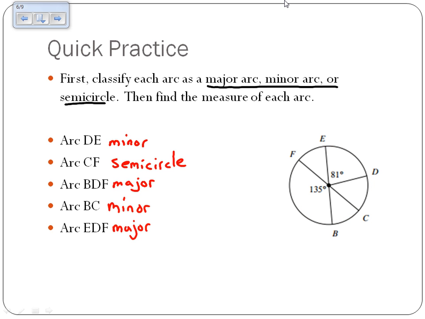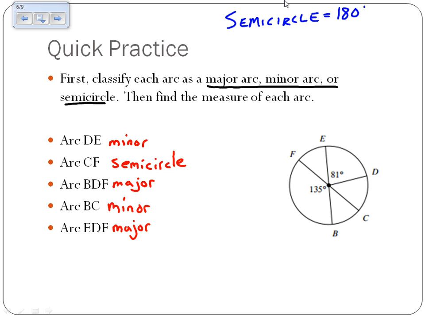Okay? Now, what I want you to do is to find each arc measure. 3 hints here. Remember that the semicircle is equal to 180 degrees.